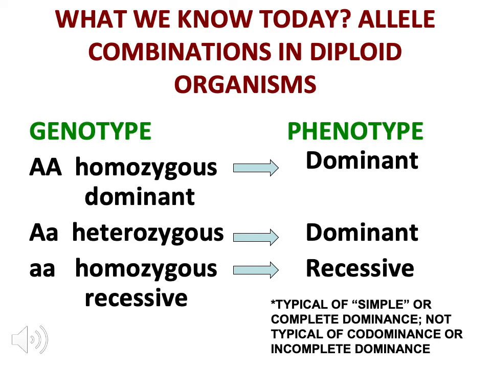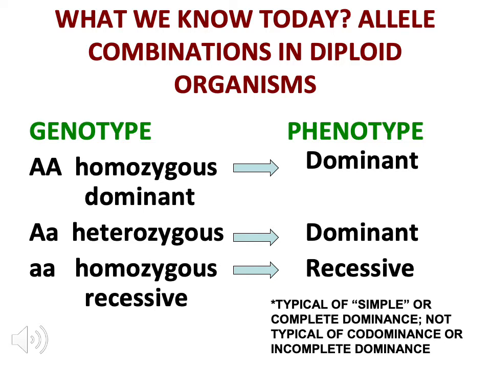Following Mendel's original idea, remember I said that was called simple dominance? He said of the two unit factors present, only one will be expressed. Today we would say of the two alleles present, only one will be expressed. And in our heart of hearts, that's going to be the dominant allele.